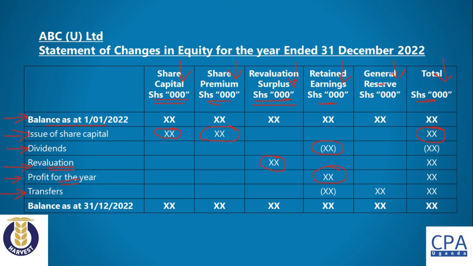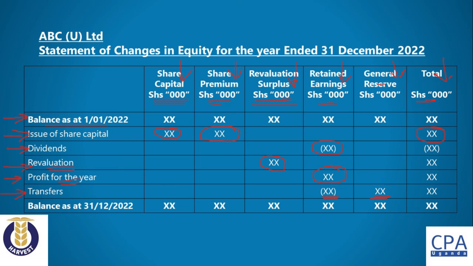So here I have indicated the transfer from retained earnings to the general reserve. As I mentioned in our presentation, the company may put aside some money for cases of insolvency to meet those pressing obligations. So some money may be transferred to general reserve as part of the company's policy for such a purpose.